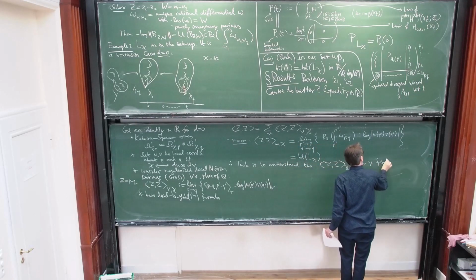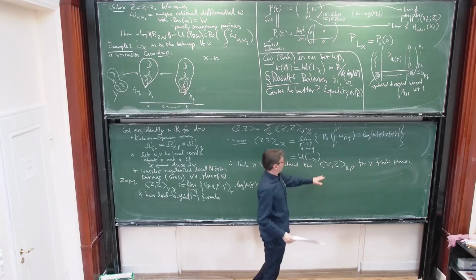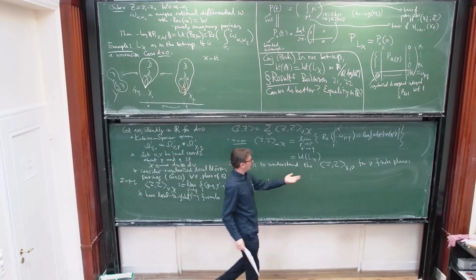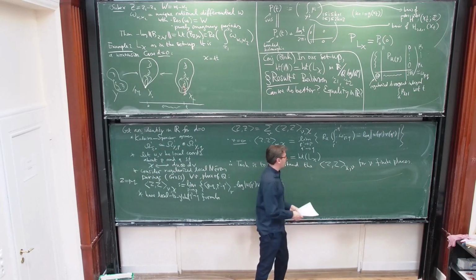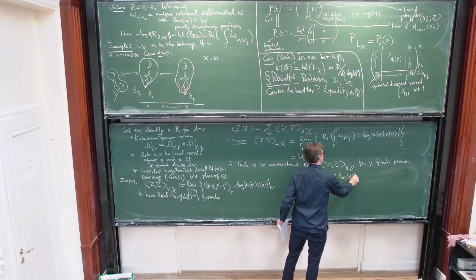And maybe this is already explicit enough for you. It is sort of clear that indeed this contribution gives rise to an element of Q times log Q star.